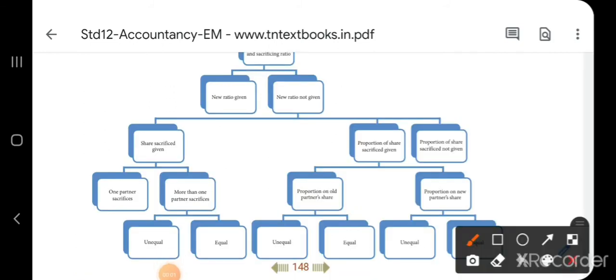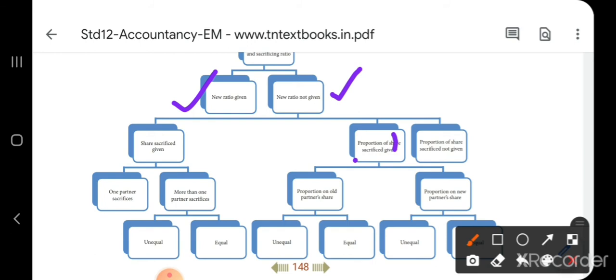The first situation we saw was the calculation of new profit sharing ratio and sacrificing ratio when the new ratio is given. That is illustration 8. Then the condition when the new ratio is not given, but the sacrificing ratio is given, and in that also only one partner is fully sacrificing, the other partner is not sacrificing.